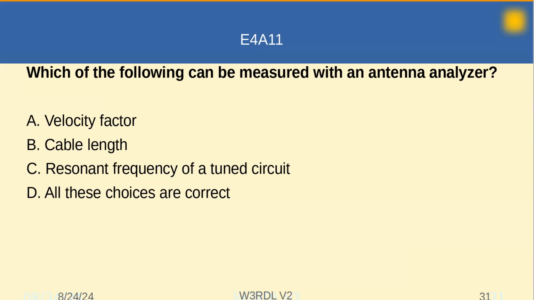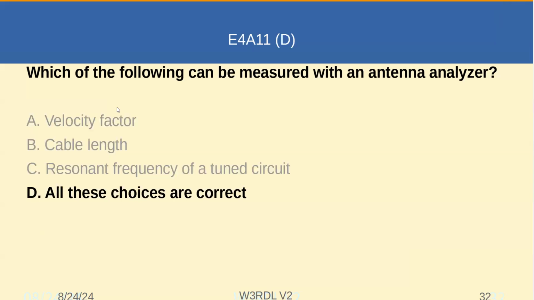What are the odds of it being D? I'm not exactly sure how you measure velocity factor unless you know the physical length of the cable. It'll give you the time delay.